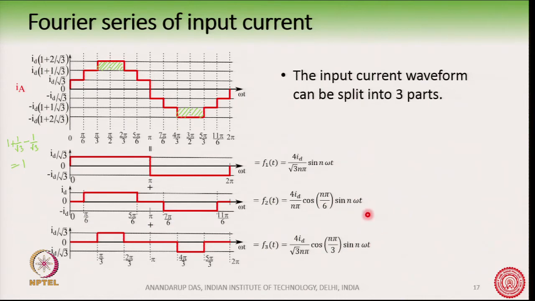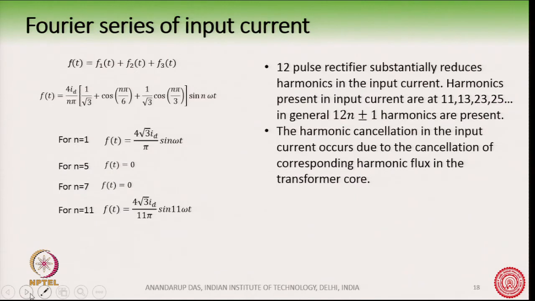If we add all these 3 together, then we get the total f t of the whole waveform. So, f t is f1 t plus f2 t plus f3 t, and so we write the total expression here of f t, 4 Id by n pi and this big expression here.